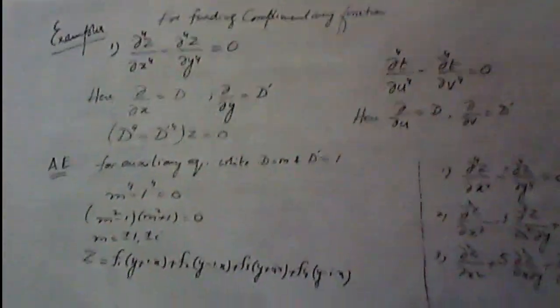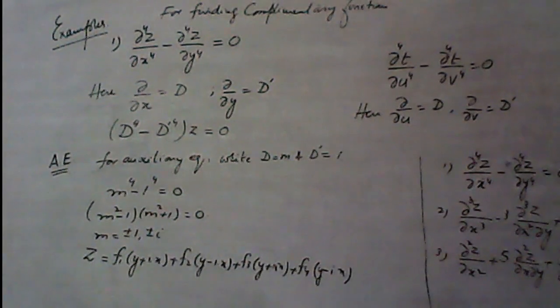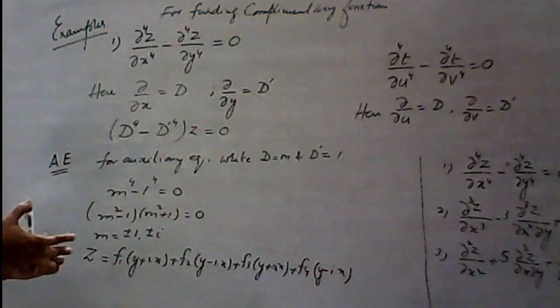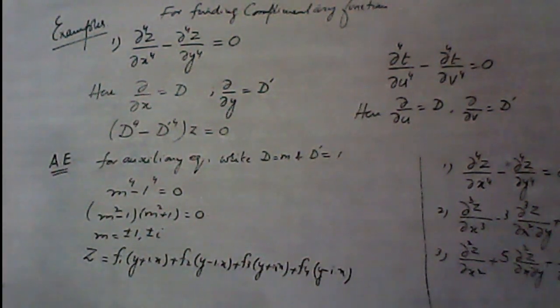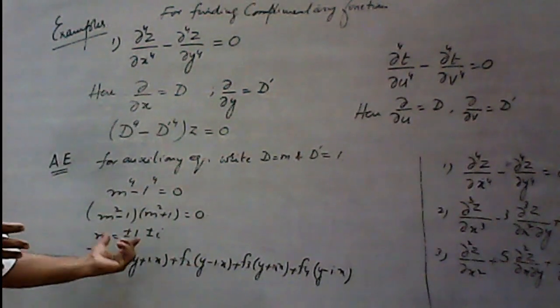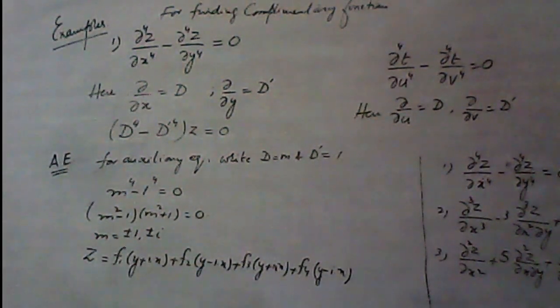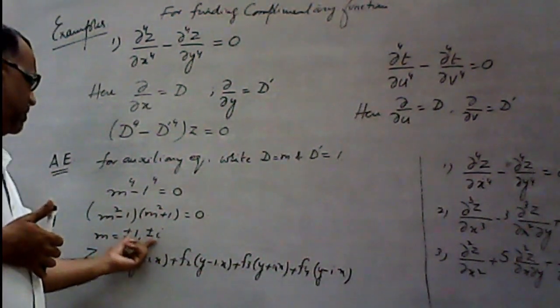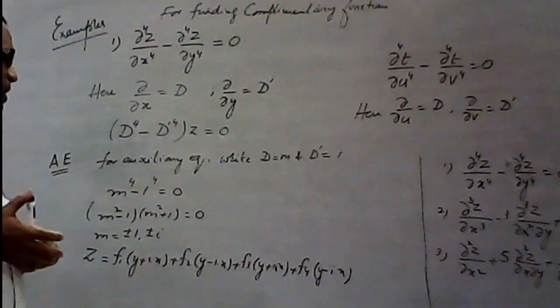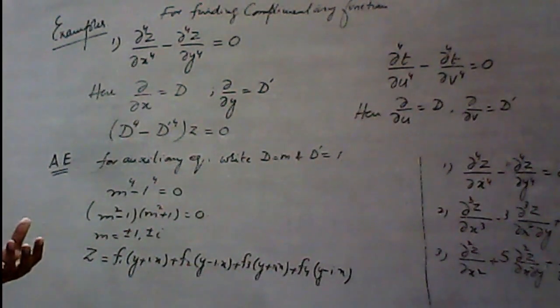Now, how am I writing this? If you remember, I told you in higher order ODE that we need to assign as many constants as the number of roots. Since there are 4 roots, we need to assign 4 constants.